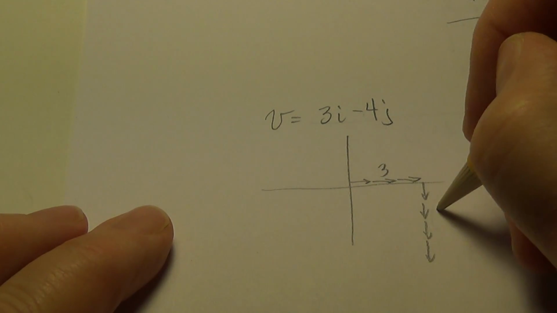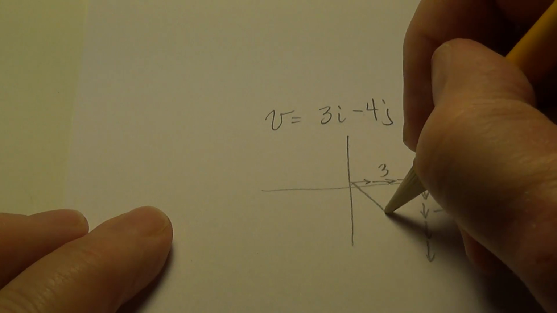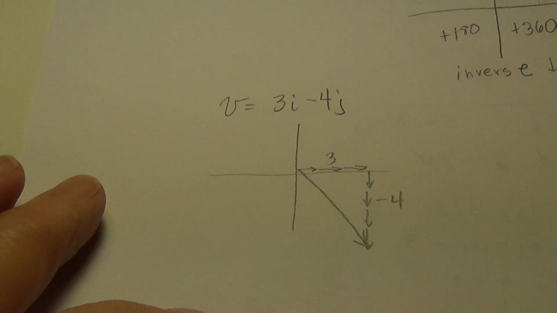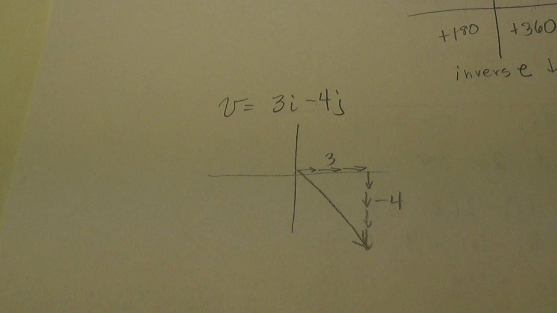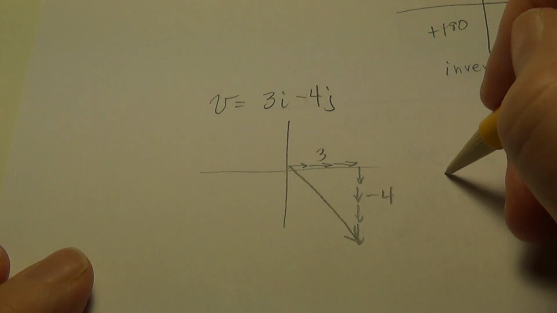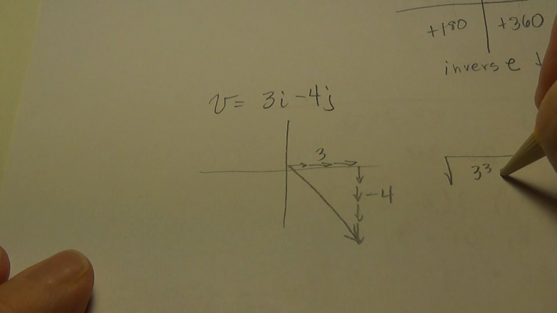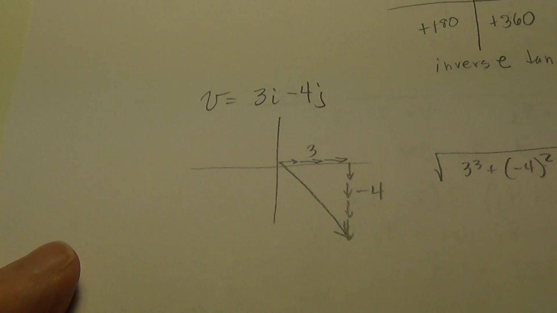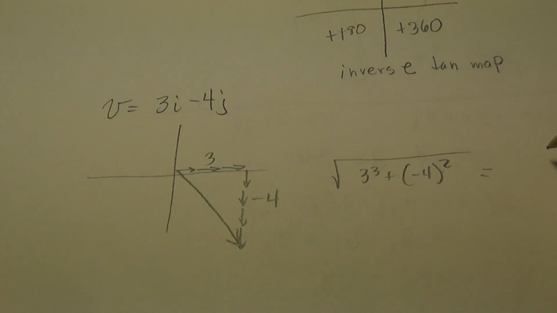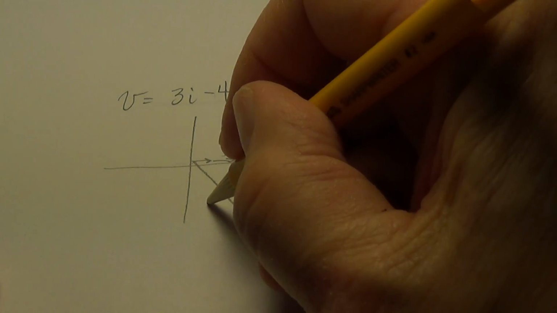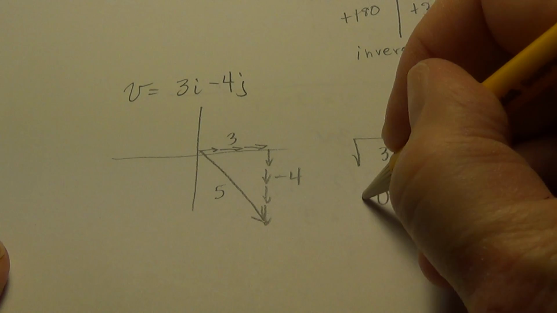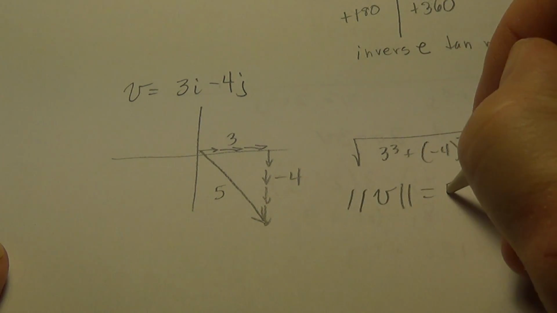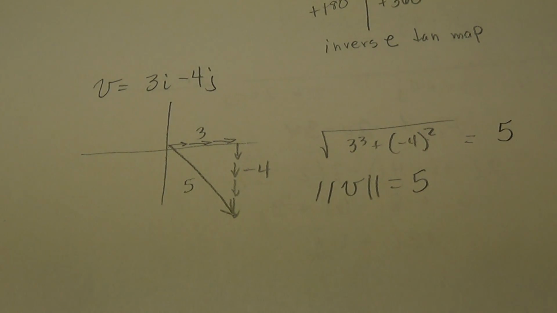So this is a 3 and this is a minus 4, so our vector ends up down here. And we want to know the magnitude and the direction. So the magnitude is Pythagorean, 3 squared plus minus 4 squared. 9 and 16 are 25. The square root of 25 is 5. So that's the magnitude. We indicate it with the double lines, and that equals 5.